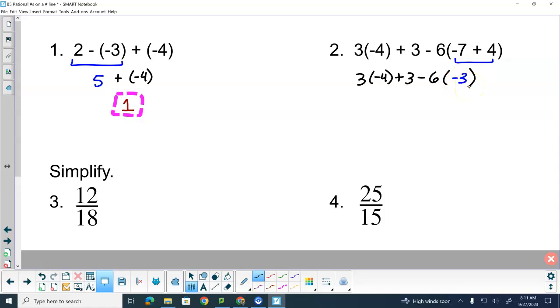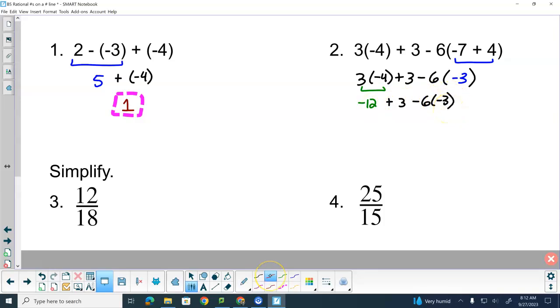Let's do one thing at a time, not trying to do too much, because then we get out of our order. What's next? Multiplying and dividing, because we're done with parentheses. We don't have any extra ones, so we have to do multiplying and dividing left to right. First, 3 times -4 is -12, plus 3 minus 6 times -3.